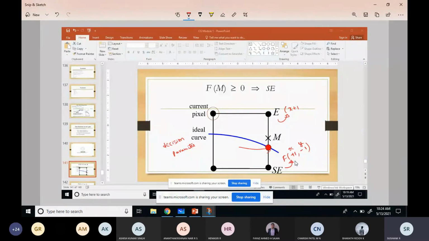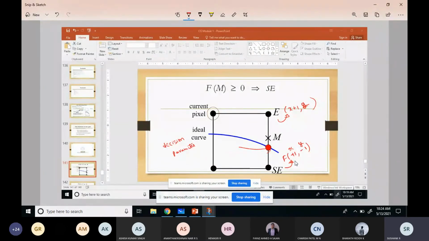As of now, you just know that when SC is chosen, x will be incremented by 1 and y will be decremented by 1. When E is chosen, x will be incremented by 1 and y will remain as it is. That we will derive.